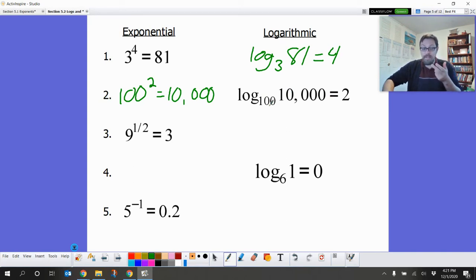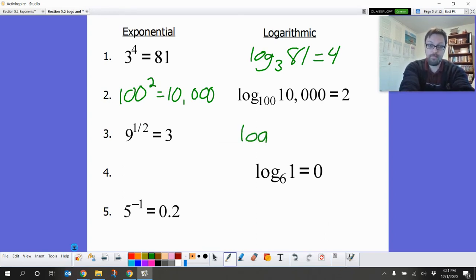Treat this as a language. You should be trying to say some of these out loud with me because it makes more sense if you say them out loud. The base of 9 to the 1/2 equals 3. So log base 9 of 3 equals 1/2.